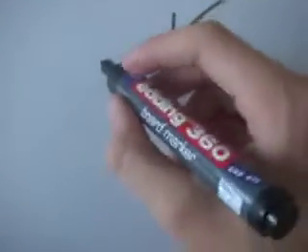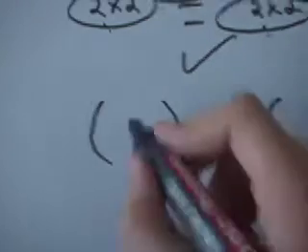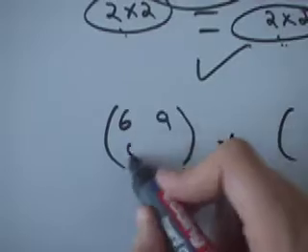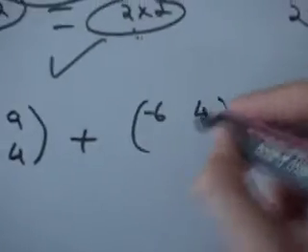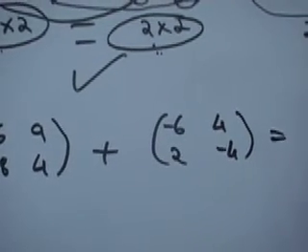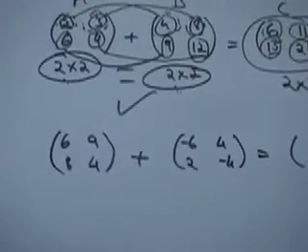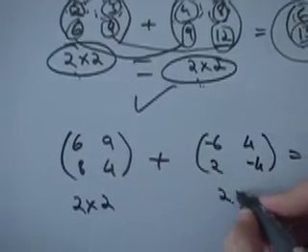Now let's do another sum problem. Let's see if you can do this one. Okay, what's the first thing you do? You check to see if it's possible. You write down both orders.